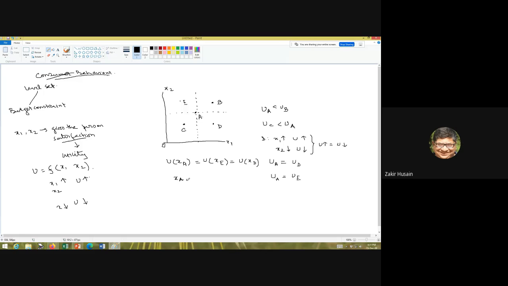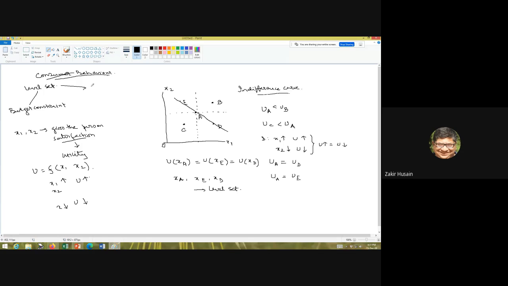Therefore, XA, XC, and XD all belong to the level set. So if we use the vector XA, or XC, or XD, we will always get the same utility. And if we connect them, we will get the indifference curve.